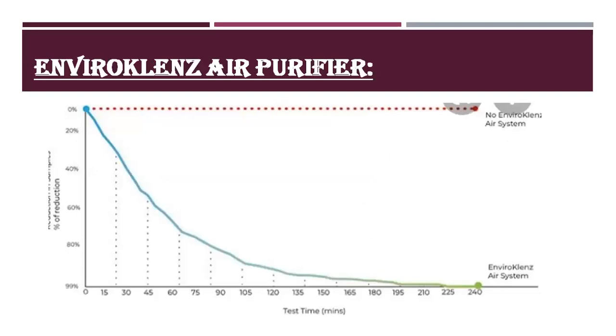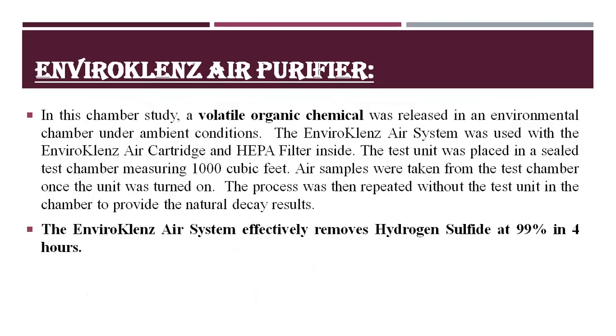Here is the graph which shows the concentration that is reduced from the environment. In this chamber study, a volatile organic chemical was released in an environmental chamber under ambient conditions. The EnviroCleanse air system was used with the EnviroCleanse air cartridge and HEPA filter inside.